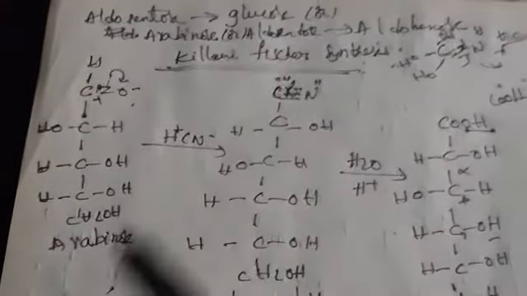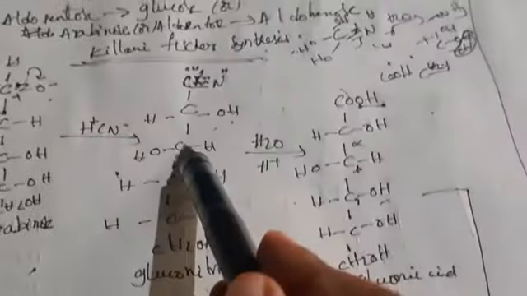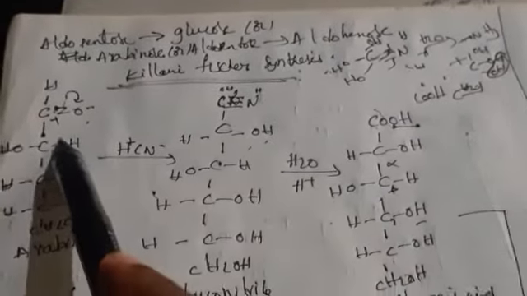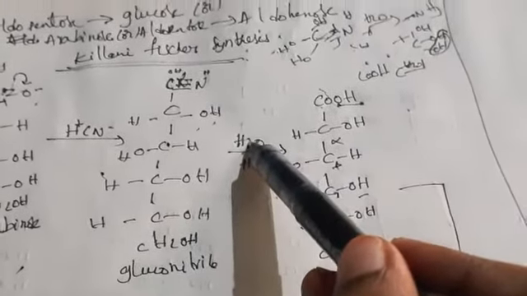So we need this one only. The arabinose is converted into glucose here. See, first we had arabinose. When we treated with HCN, it formed the nitrile, so the aldehyde group is converted into cyanide. After that we did hydrolysis.